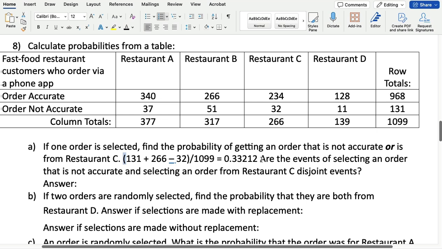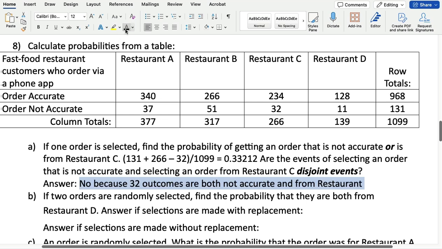And then the question that follows that is, are these events of selecting an order that is not accurate and selecting an order from restaurant C, are they disjoint? So are they disjoint events? Because we had to subtract the number that was in both, we can very confidently say that the orders were not disjoint because there were a certain number that were in both that we had to account for.